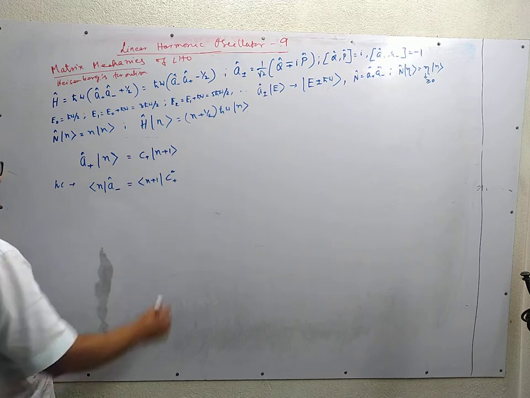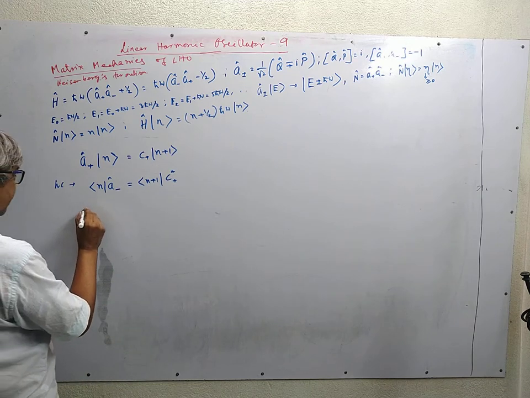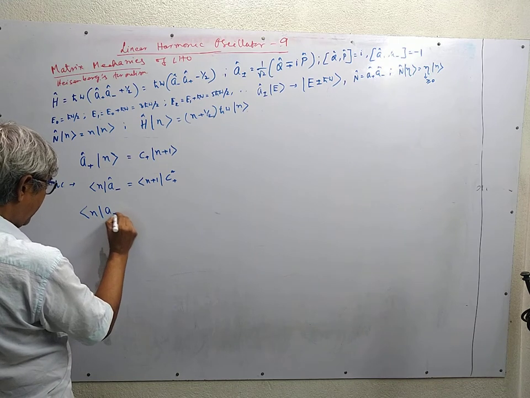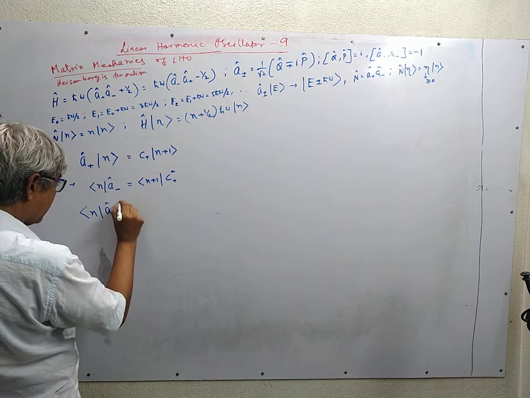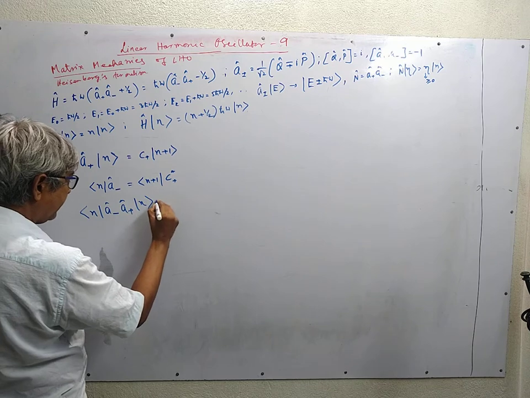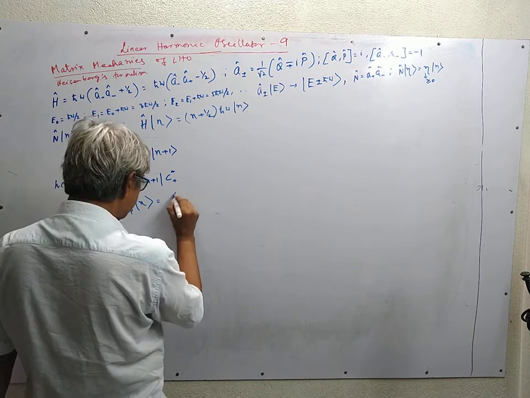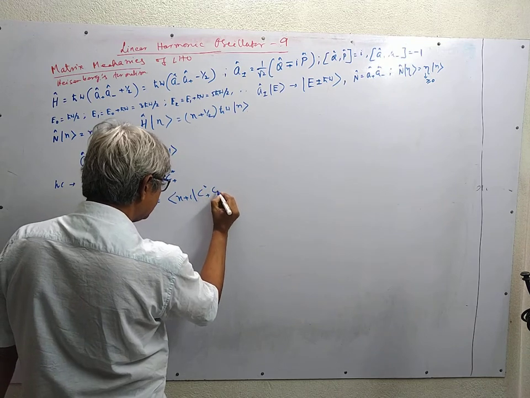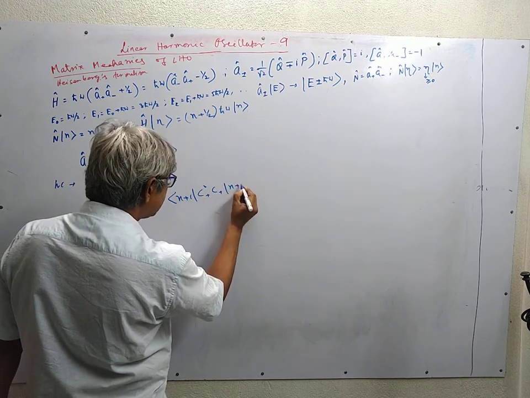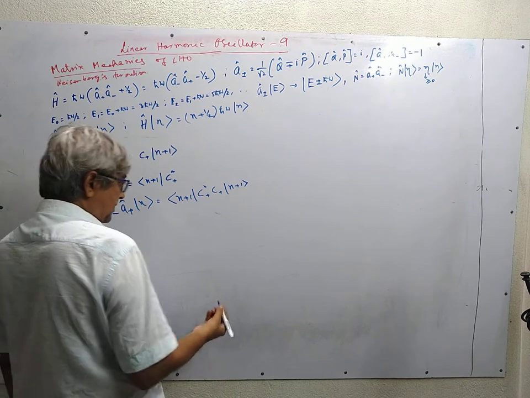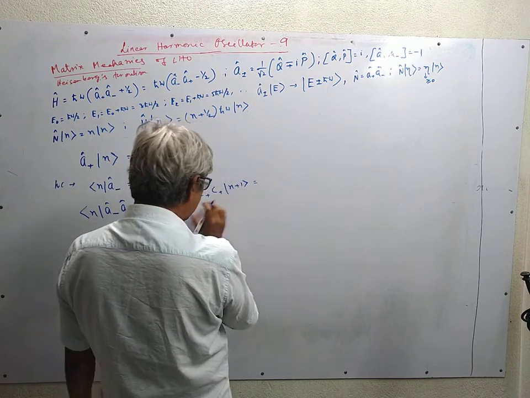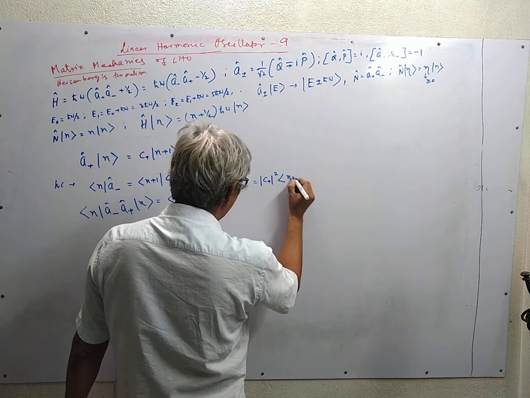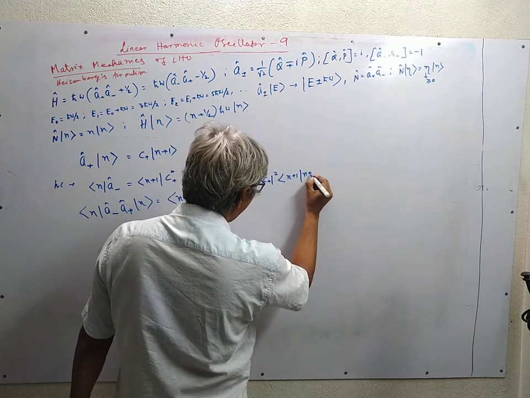If we take the product of these two, we get on the left hand side n A minus A plus n is equal to, since C is a constant, not an operator, we can take it out, C plus modulus squared times the inner product of n plus 1 with itself.